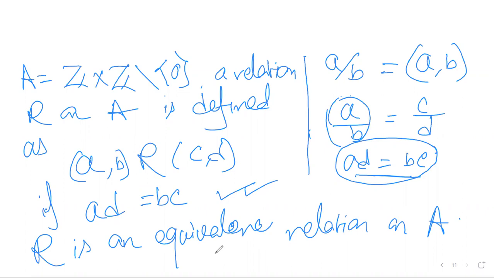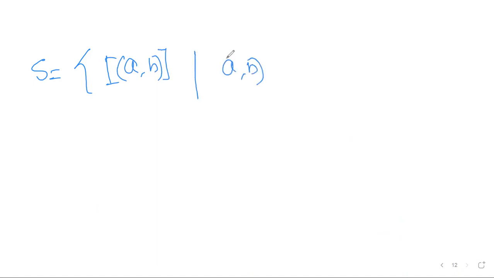So I can collect all the equivalence classes, like previously. S is the collection of all equivalence classes of a comma b belonging to the A set. What is my A set?